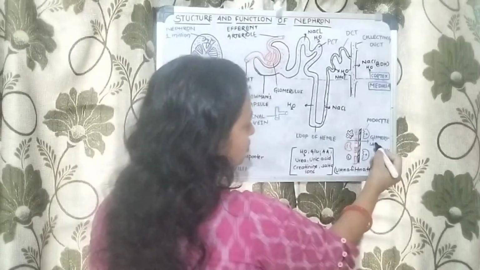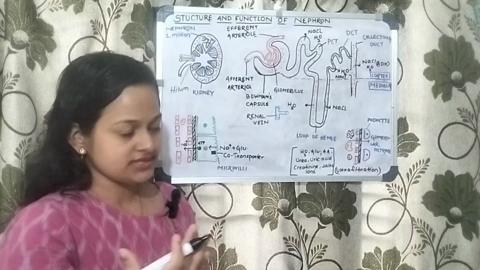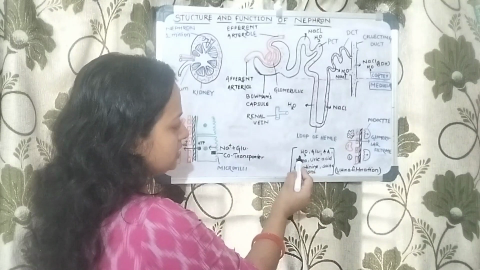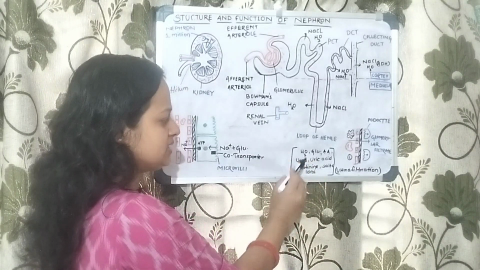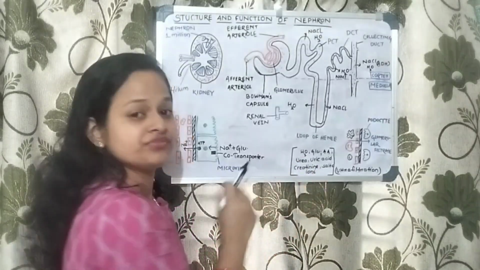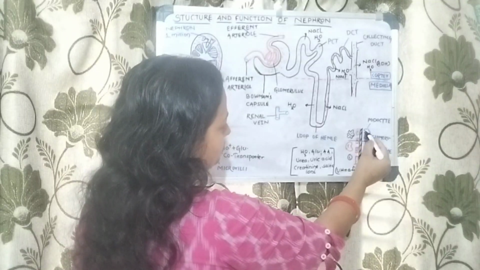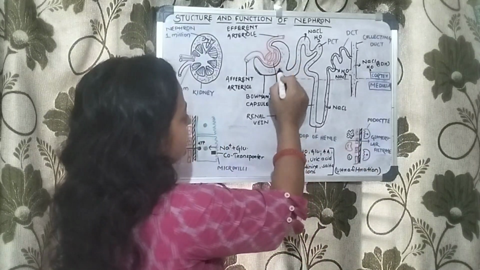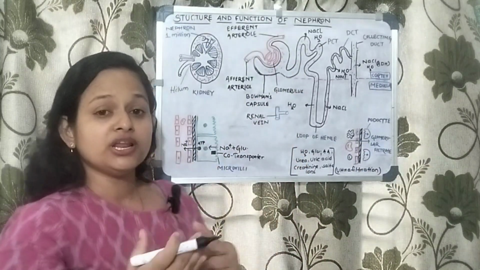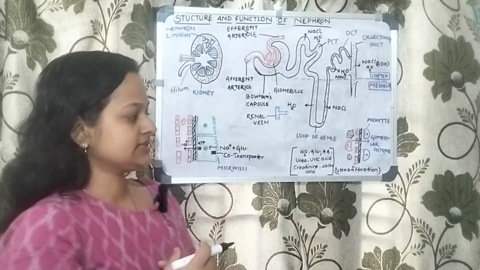This glomerular filtrate produced after the ultrafiltration process consists of water, glucose, amino acid, urea, uric acid, creatinine, salts and some ions. And here you can see these are the podocytes. The inner lining of Bowman's capsule contains some podocyte cells.